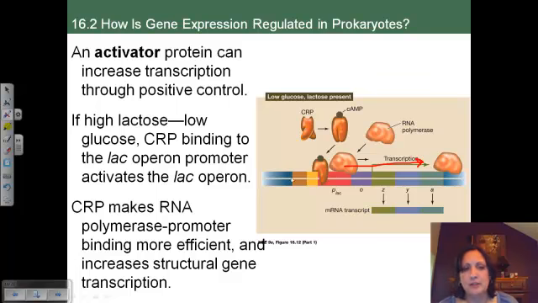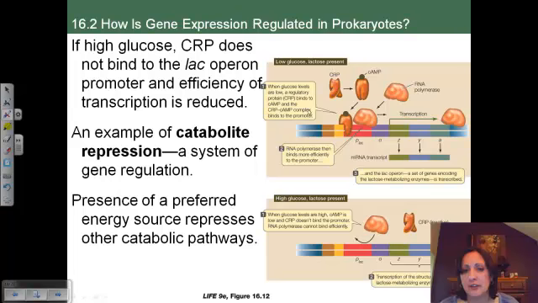This would be a situation where there's a lot of lactose and very little glucose. So we want to increase the lac operon. We want more of the genes that are going to be used to make the enzymes to break down the lactose. But if there's a lot of glucose present and some lactose, the cell would rather use the glucose.